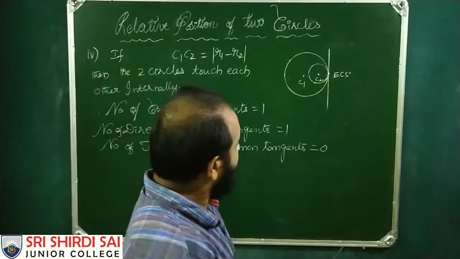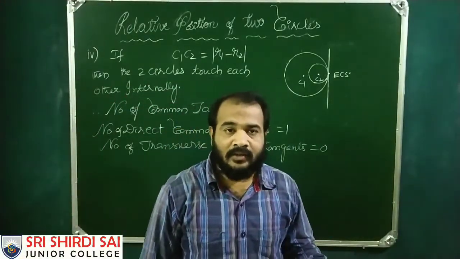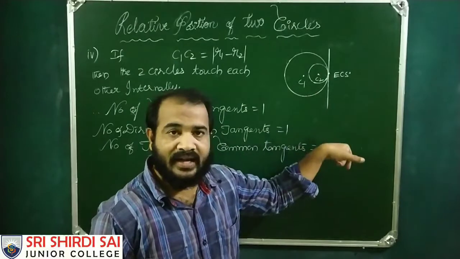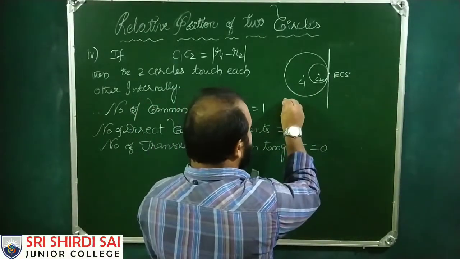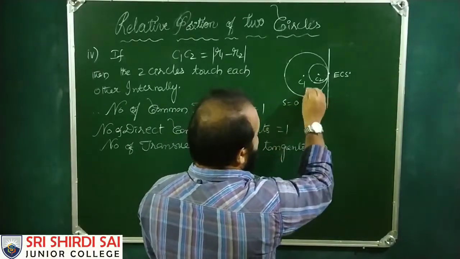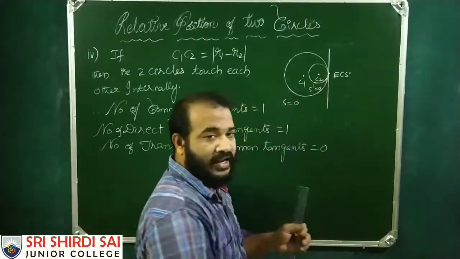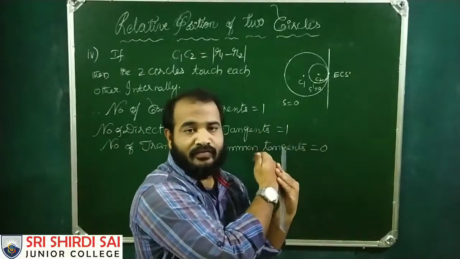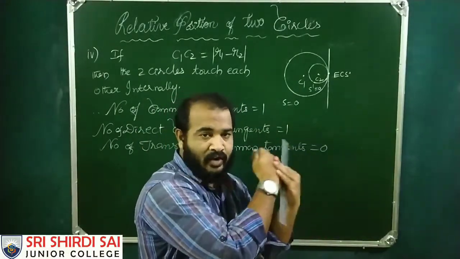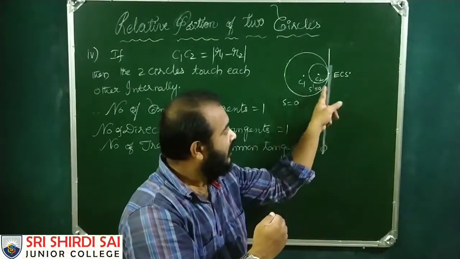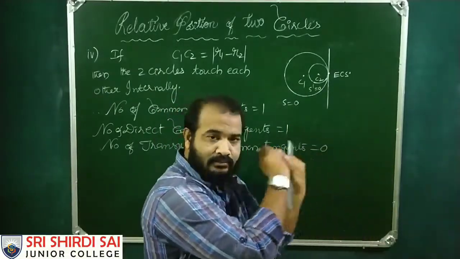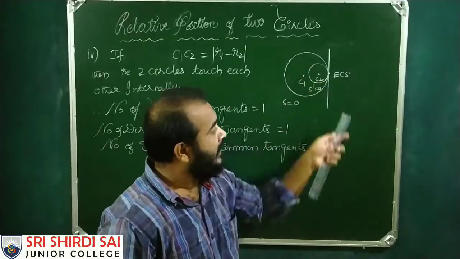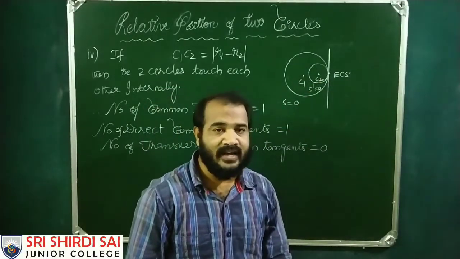So what is the direct common tangent? With respect to a line, if the circles s equals 0 and s dash equals 0 lie on the same side of the line, then that line is called the direct common tangent.